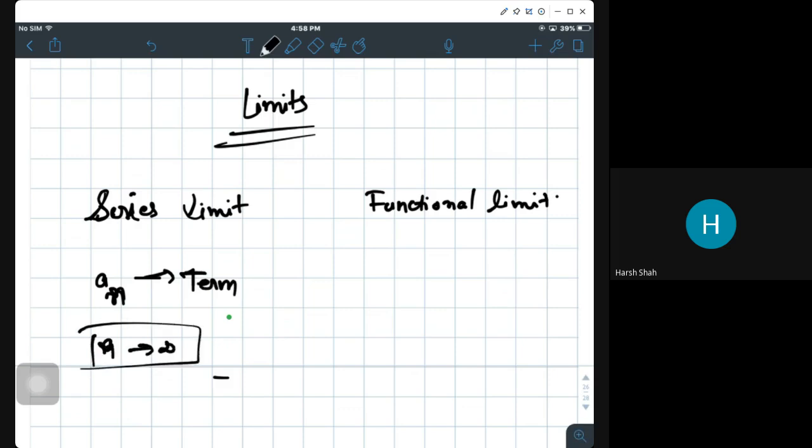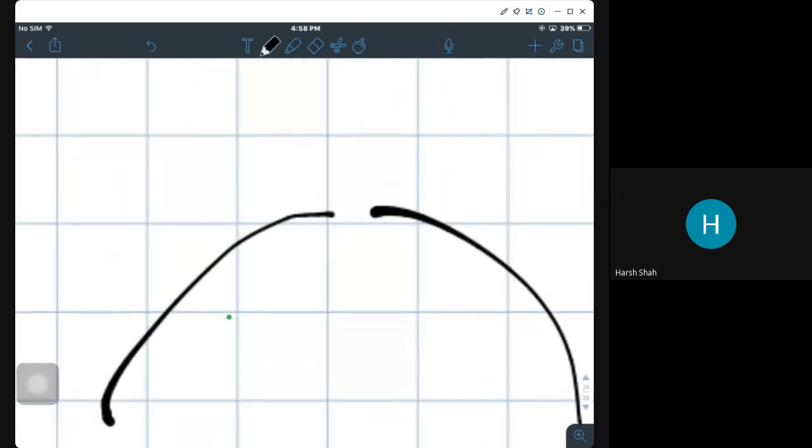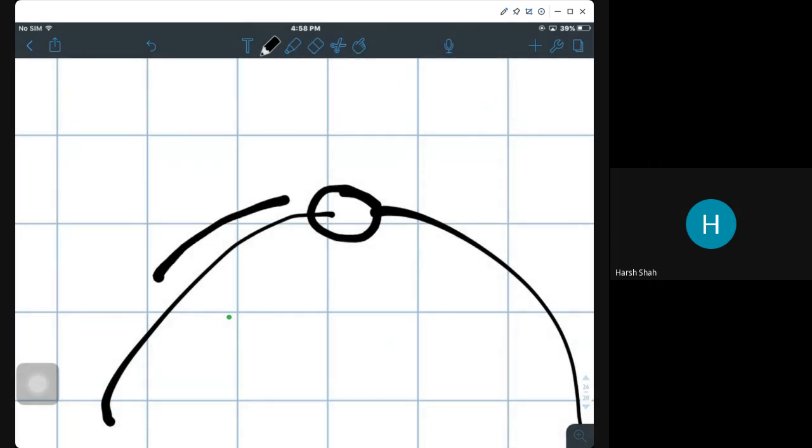Okay. Functional limit. What we do is, let's say you have a function like this. Suppose you want to find the limit at this point. You come from this side and calculate the limit. You come from this side and calculate another limit.